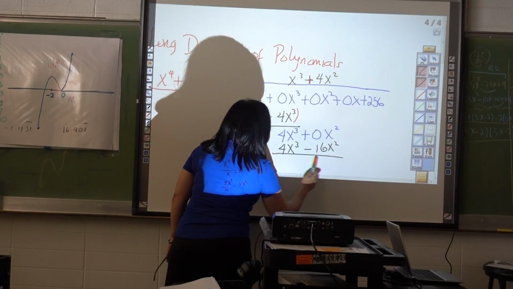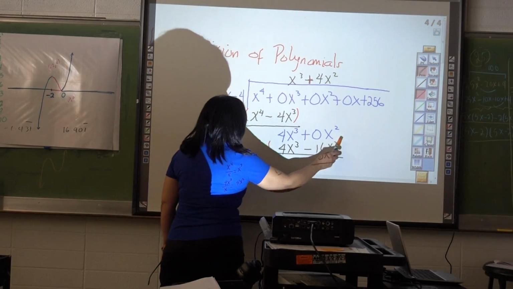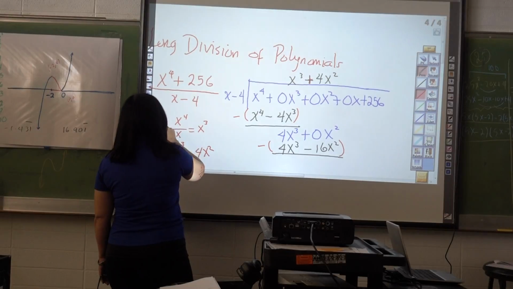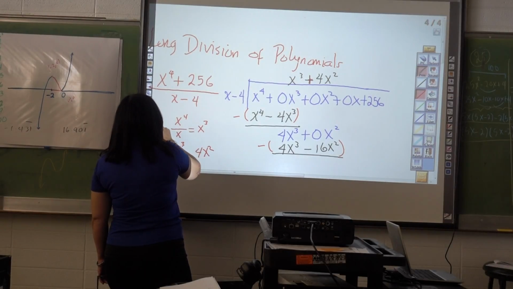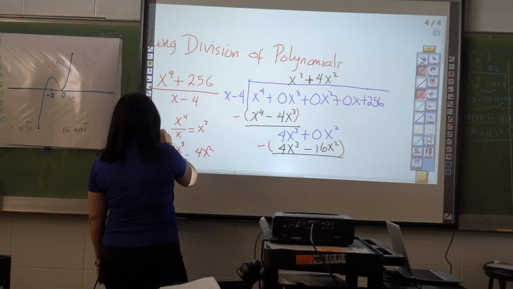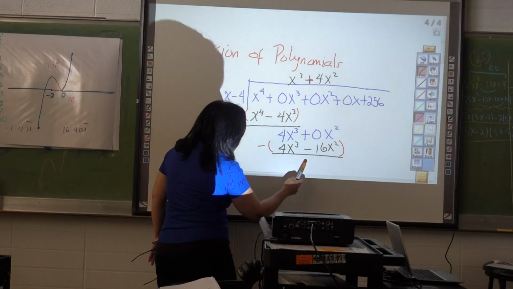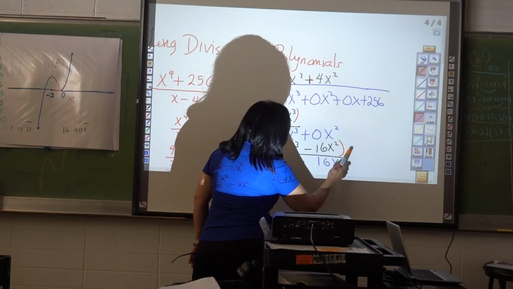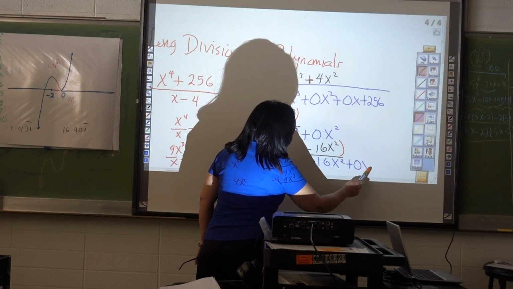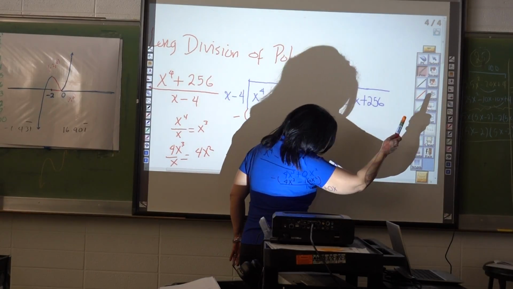And then we're going to subtract, so I'm going to use the negative sign here, so I don't forget this subtraction. 4 minus 4 is 0, and then I have 0 plus 16x squared is positive 16x squared, and I bring down plus 0x.